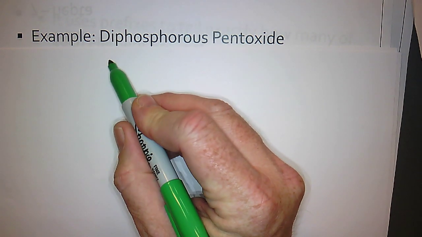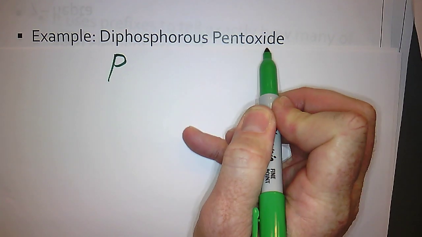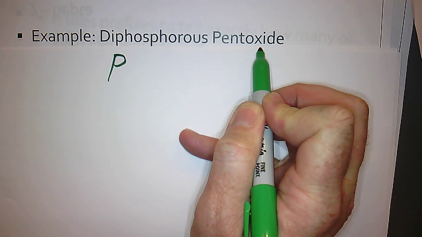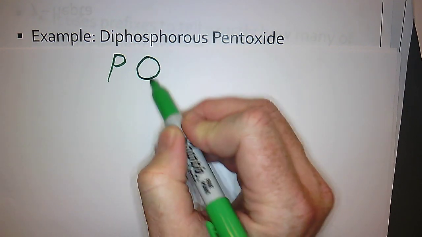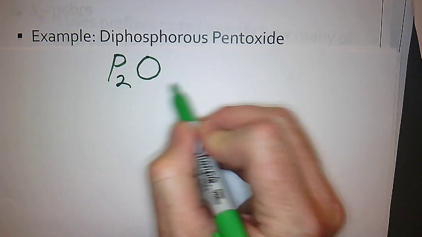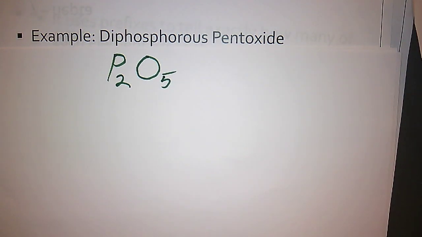What's the symbol for phosphorus? P. Pentoxide, what element's that going to be? What's oxide? Oxygen, which is O. So how many phosphorus? 2. How many oxygen? 5. Isn't that way easy? They just tell you what to write. I love it.